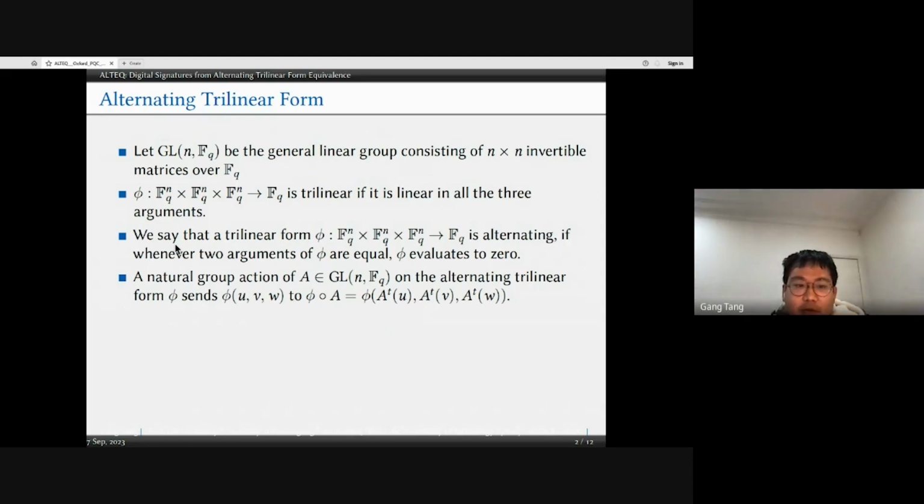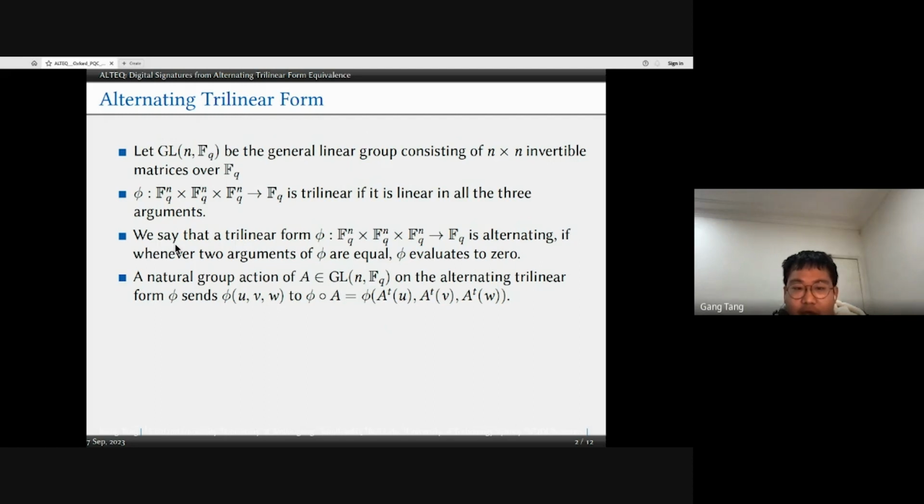Let me first give an overview of the alternating trilinear form. We write GL_n(F_q) to be the general linear group, which consists of n by n invertible matrices over the finite field F_q. A form phi is a map from F_q^n × F_q^n × F_q^n to F_q.